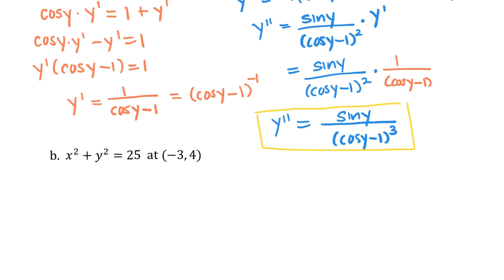So this says find the second derivative at negative 3, 4. I'm going to use implicit differentiation because it's just too weird to solve for y. Okay, so the derivative of x squared is 2x. Derivative of y squared, 2y times y prime, equals 0.